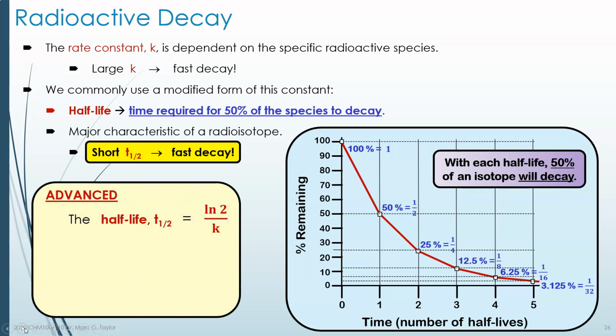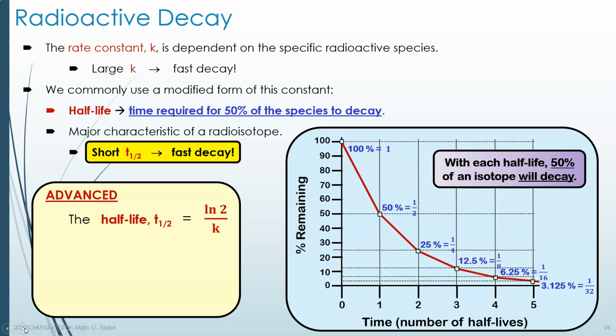If you're interested in the math, and you're not responsible for this in any introductory course, the half-life is directly related to the rate constant, because the half-life is equal to the natural log of 2. This is not the log of 2, this is the natural log, ln on your calculator, of 2, which is about 0.693, divided by the rate constant.